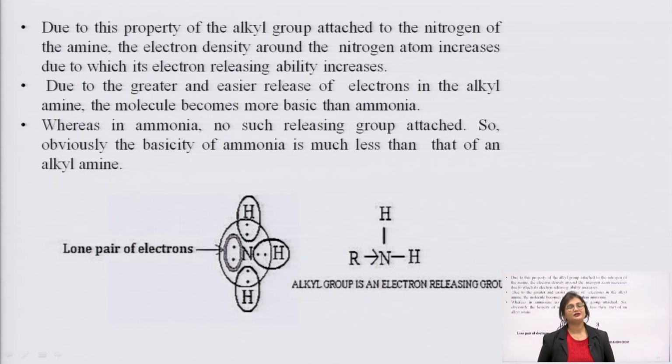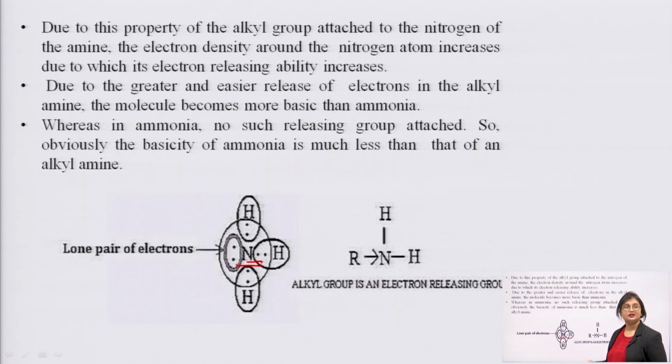So, obviously, the basicity of ammonia is much lesser when compared to the alkyl amines. So, here with the help of these two pictorial representations, we will be discussing the basicity of ammonia when compared to the primary amine.